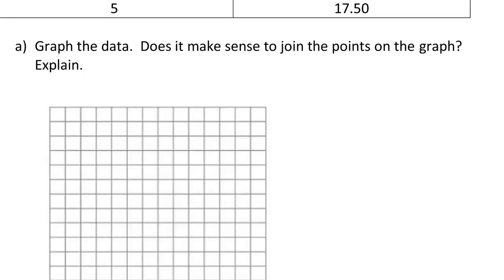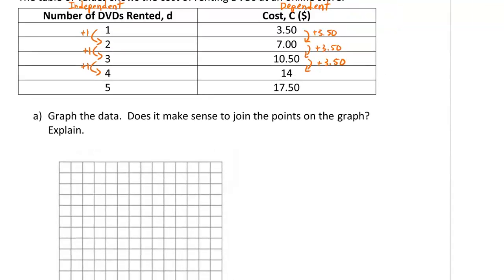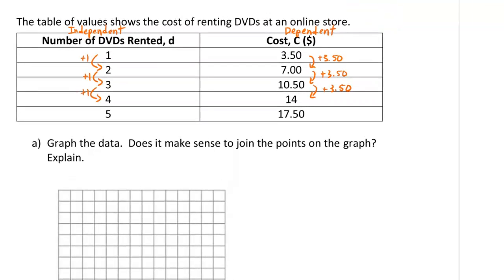Part A says to graph the data, and the second part to that says, does it make sense to join the points on the graph? Explain. Well, if we're thinking about buying DVDs, you have to think, can you buy part of a DVD? Well, if you can't buy part of it, or you can't break that down any further, then it doesn't make sense.